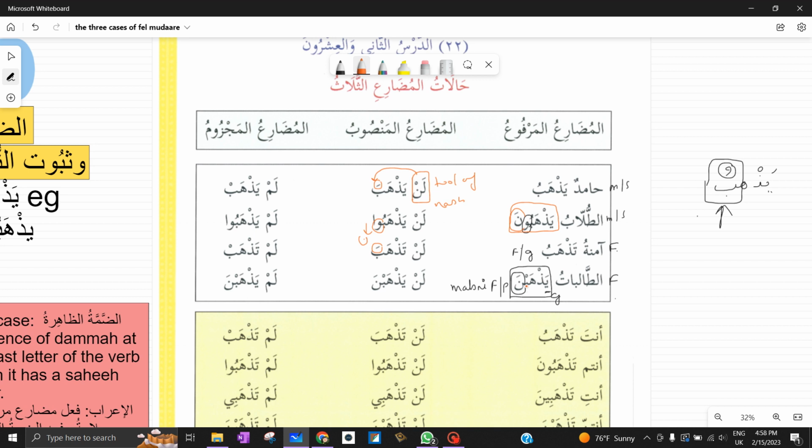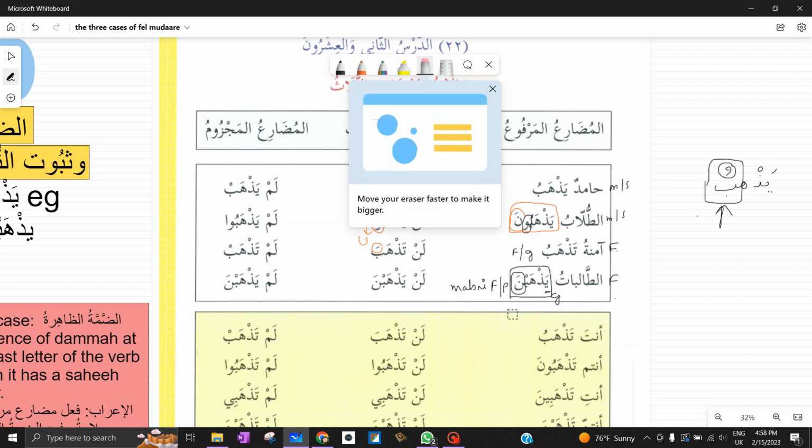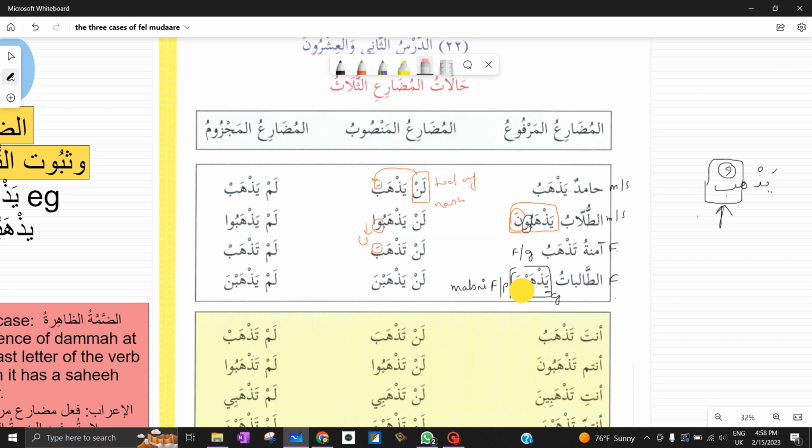This is yadhhabna with ba sukoon. If you don't see the ba, I'll just rub it. Now this is yadhhabna, ba with sukoon and noon with fatha. This noon with fatha may look alike with the other noon, but they are different.